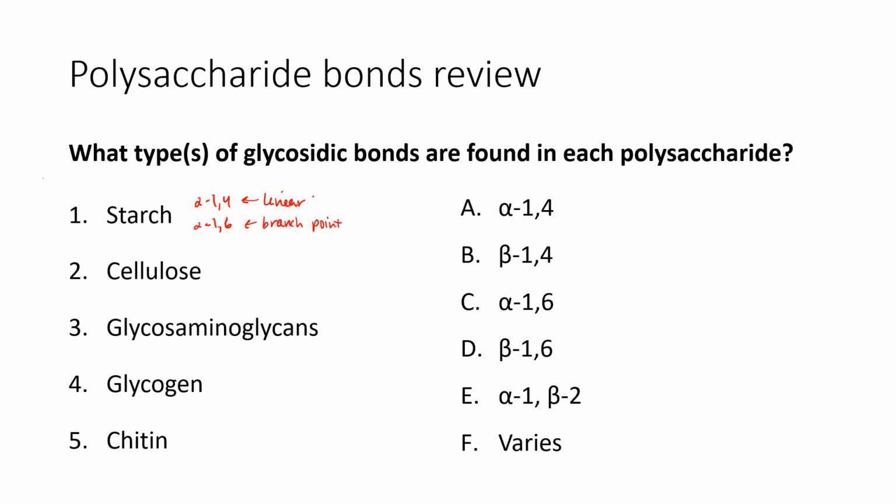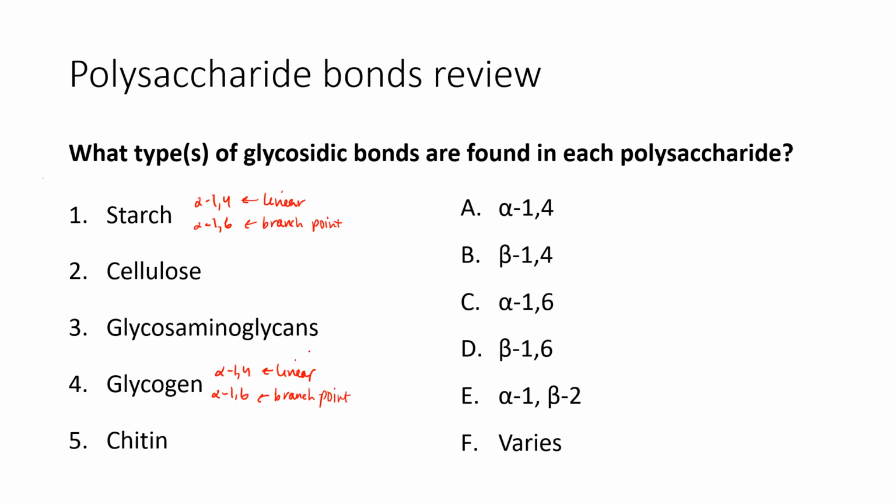What other polysaccharide in this list has those same 2 types of glycosidic bonds, the alpha 1,4 and alpha 1,6? Glycogen. Yeah, exactly. So glycogen also has alpha 1,4 and alpha 1,6, and they're doing the same exact thing. The alpha 1,4 is for when you have a line of glucoses, and alpha 1,6 is when you're making a branch point.